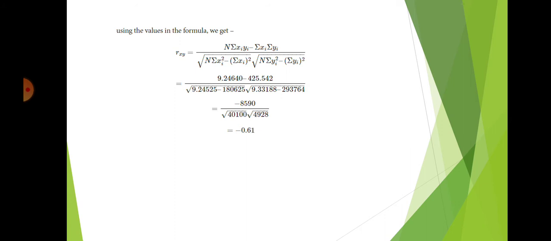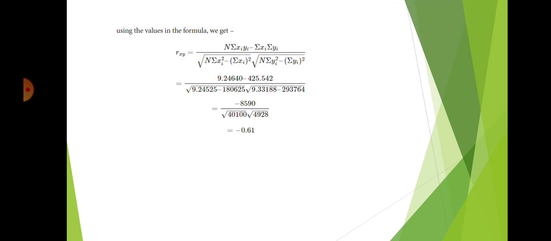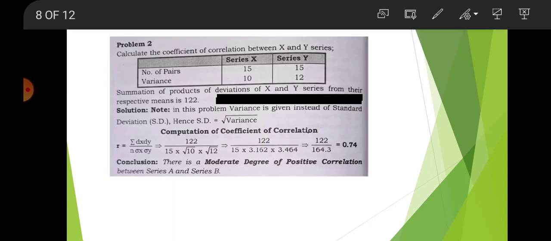Numbers are larger in magnitude. Take a separate square root and the value is minus 0.61. So there is negative correlation between the two variables. You have to write an inference if it is asked. The problem is having 16 marks.